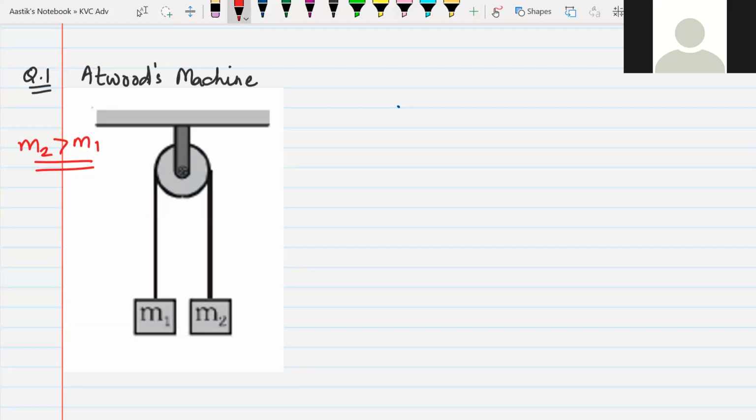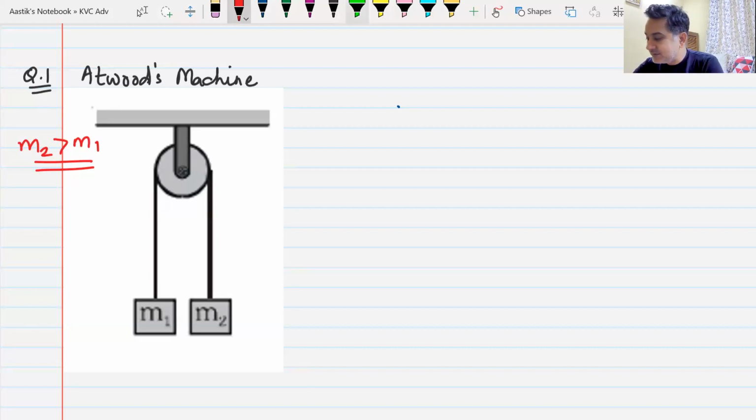Yes, do we get the answer, anyone? Sir, T1 equals M1 into (g minus a). What are the known things in this question? Sir, acceleration is (m1 plus m2) by (m1 minus m2) into g. Okay, what about T?